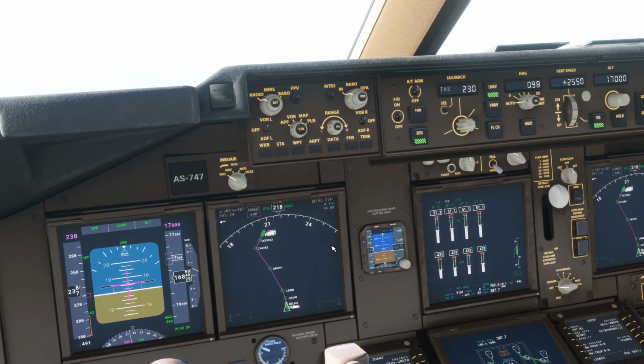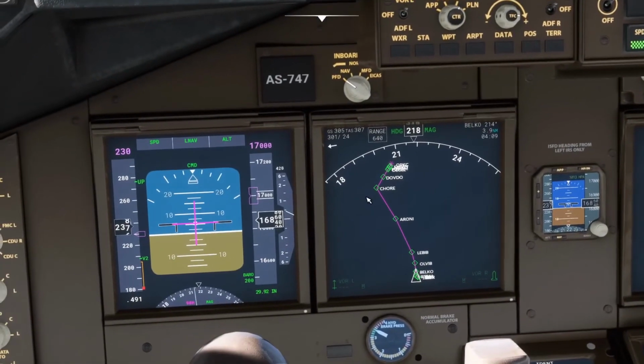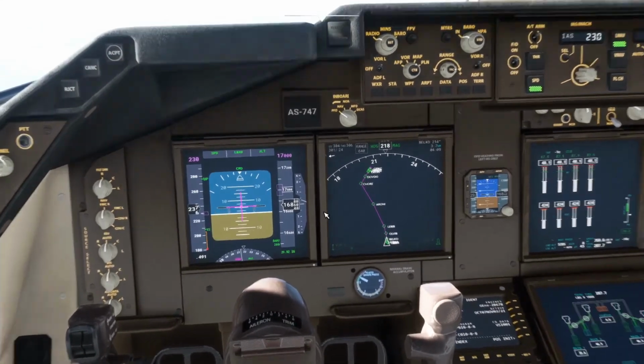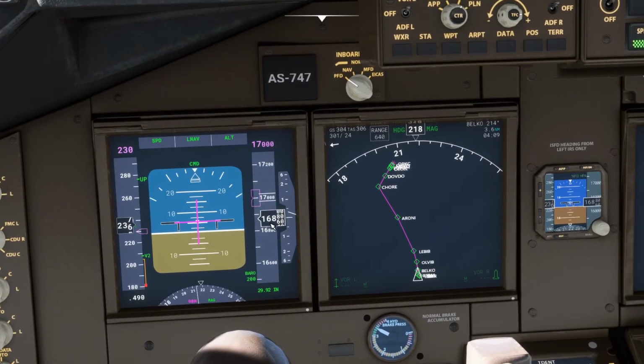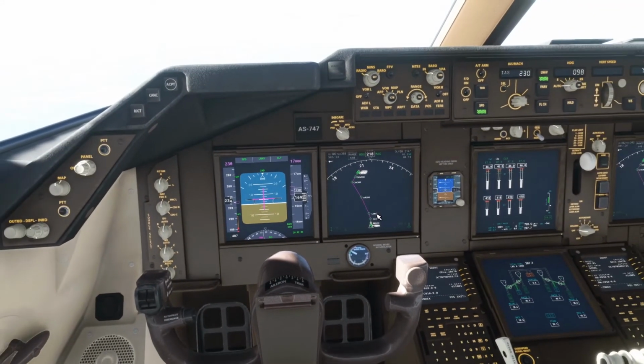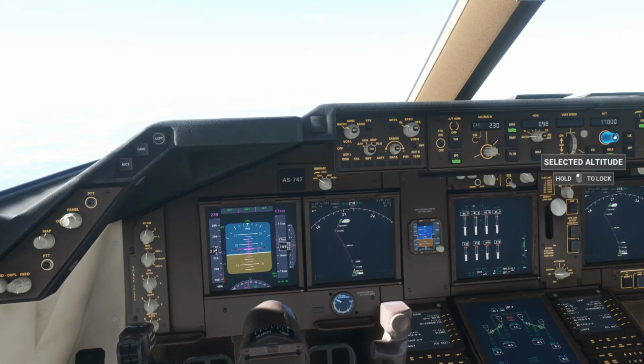Again, I am saying 25,000 or flight level 250. I will not go up there, but you can see that the plane is exactly level off at 17,000, and that's it. This is how it works. And if I try to descend, let's say by 2,000 feet, I'll just keep it at 15,000.